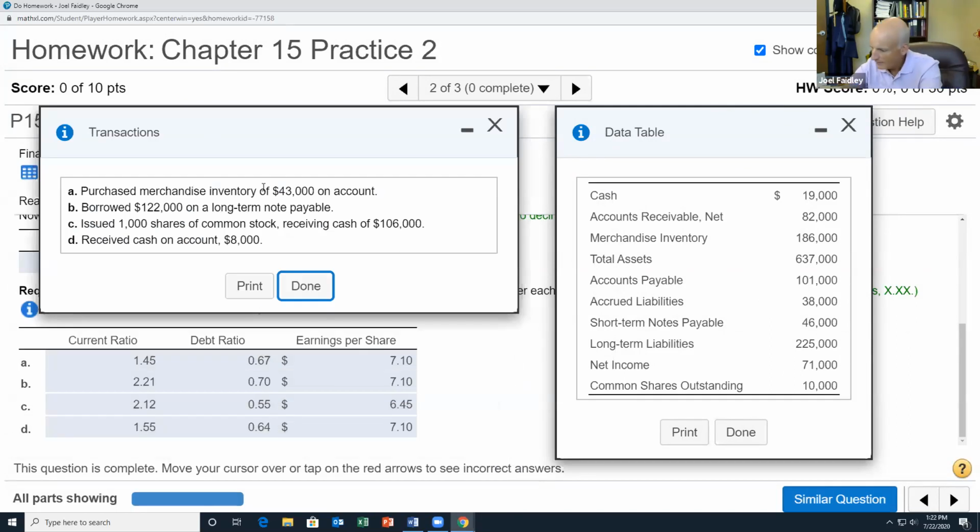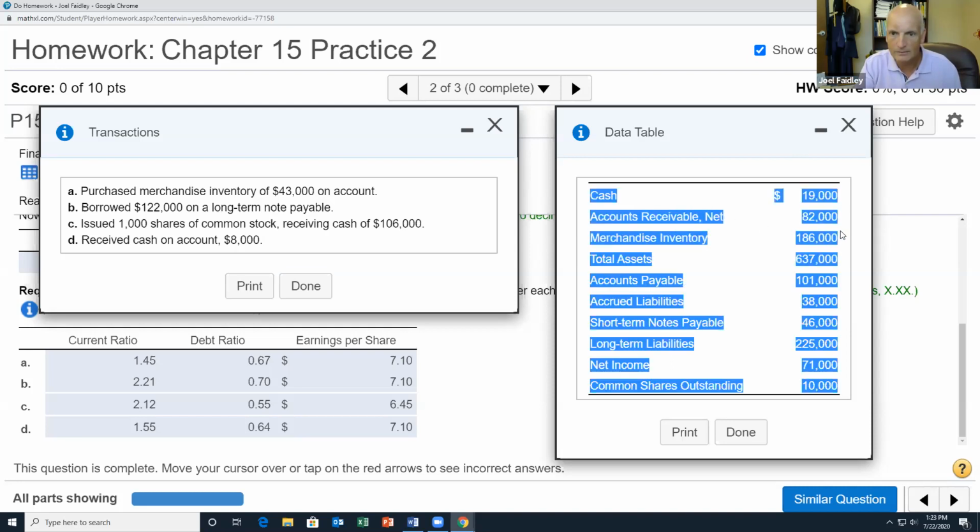So the first one is, let me get my pad here. This might need a little bit more instruction. Merchandise inventory. So what's happened there? Well, let me add these up first. We got cash, accounts receivable, merchandise inventory. Add those three up. That's my current assets. 19 plus 82 plus 186, right? Those first three here are all current assets.